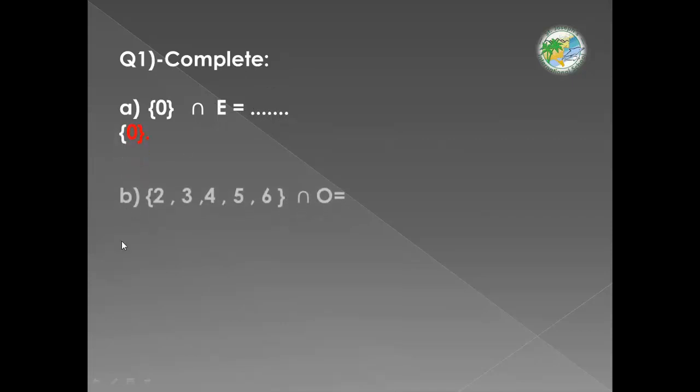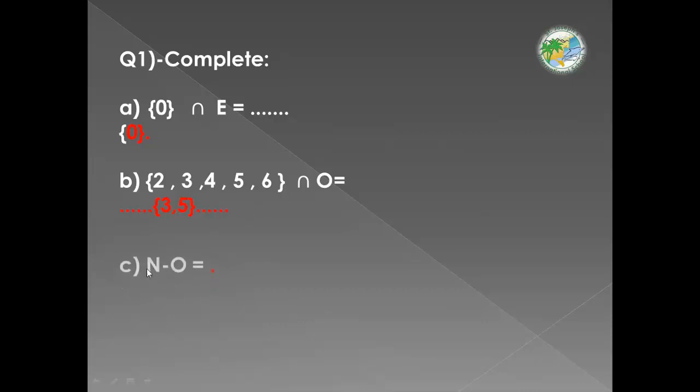Fine. Next, {2, 3, 4, 5, 6} intersect the odd number. Which common element is between the set and odd number? Where are the odd numbers here? 3 and 5. Fine. Then the common elements between them are 3 and 5.